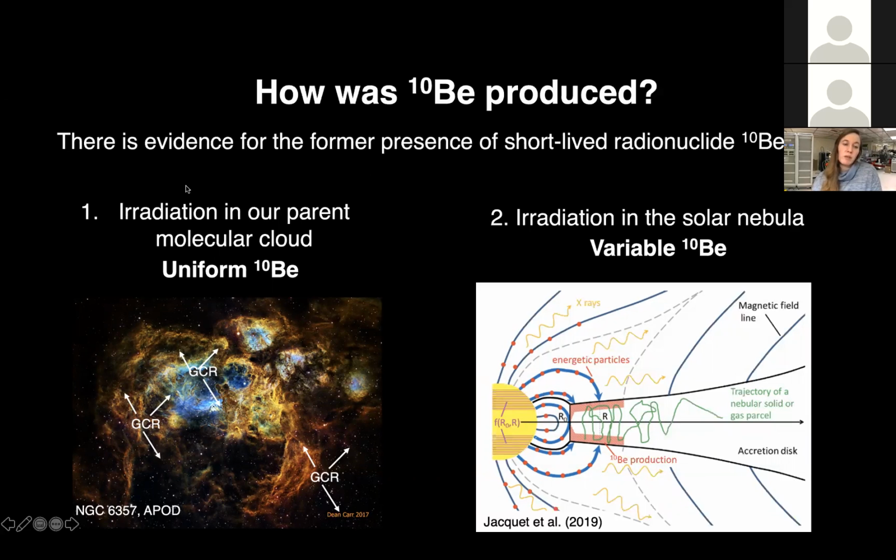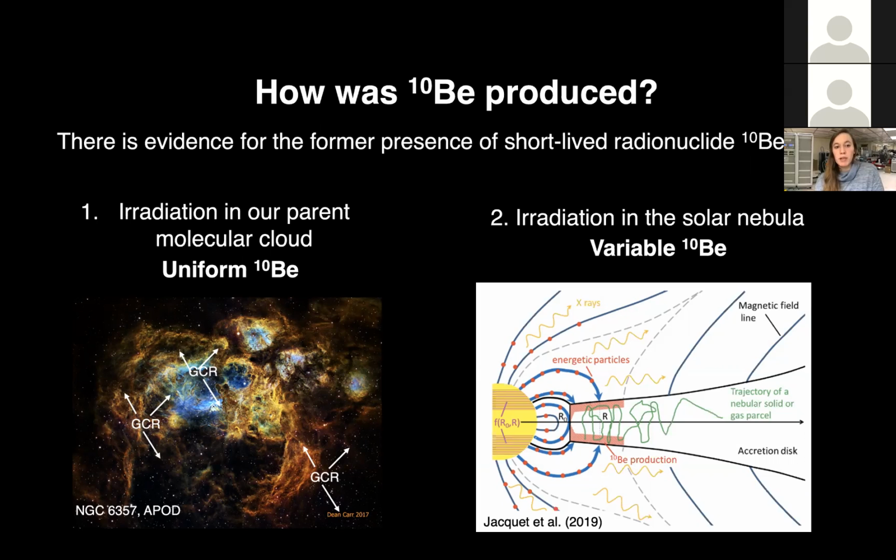So beryllium-10 could have been formed by irradiation in the parent molecular cloud. This happens when galactic cosmic rays, which are produced by supernovae and other astrophysical events, collide with oxygen in the molecular cloud to produce beryllium-10.